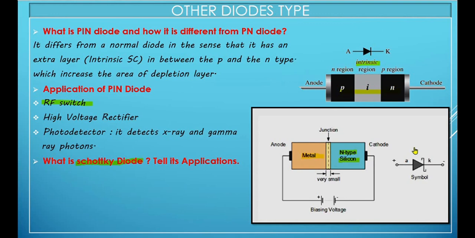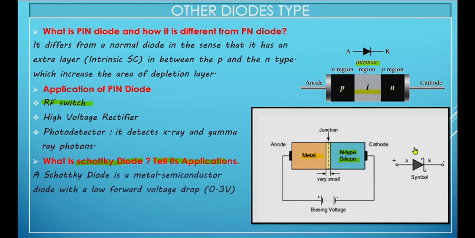So there is no delay in switching. So the Schottky diode is a metal semiconductor diode with low forward voltage drop. The forward voltage drop is approximately 0.3 volt, so it is used as a fast switch.